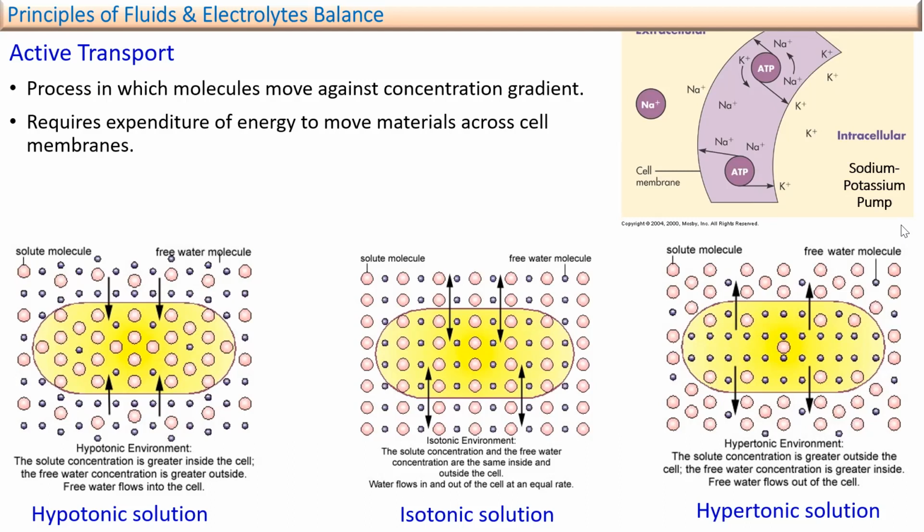So the free water concentration is greater inside. In other words, more fluid is inside the cells, so it is going to flow outside the cells and enter the vascular volume. This is an example of when you administer the hypertonic solution, you're allowing fluid to be pulled from the cell into the plasma or blood vessels.